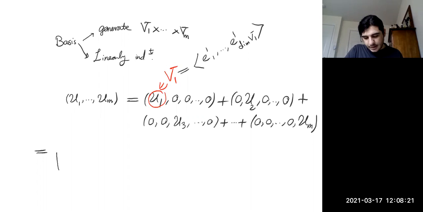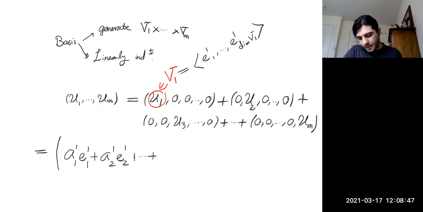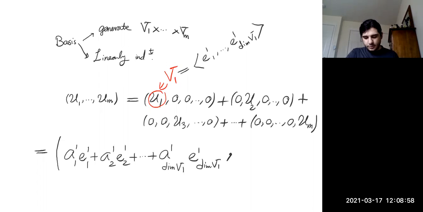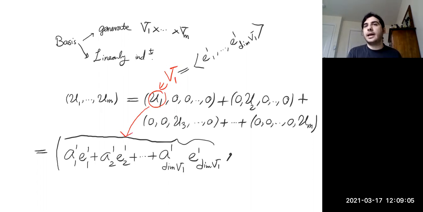So u1 can be written as a number in the field, a11, times e11, plus a number a12 times e12, up to plus a number a1 dimension of V1 times e1 dimension of V1. u1 is equal to this because u1 is in V1, so it can be written as a linear combination of the elements in the basis. And then we have just zeros after that.